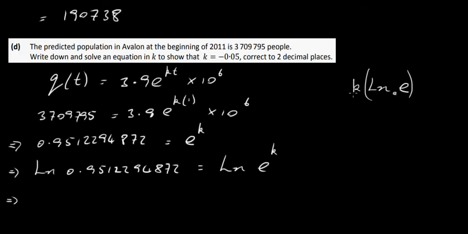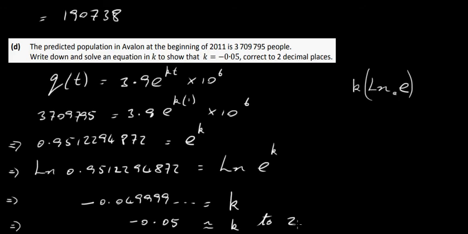It's just 1. So this here is just k, and this other side is just a number. This number happens to be minus 0.049999 and so on. So k, corrected to 2 decimal places, is minus 0.05. So that's correct.